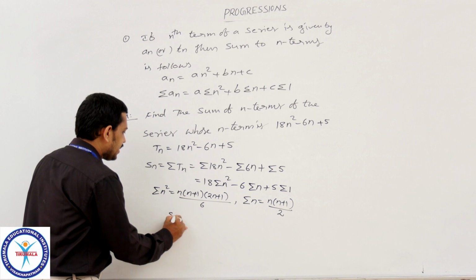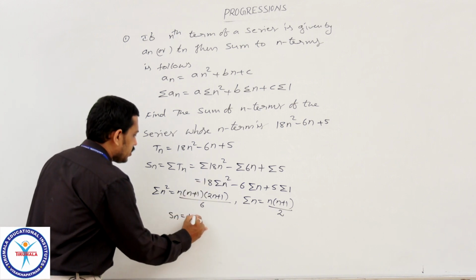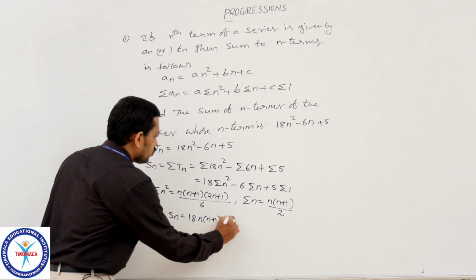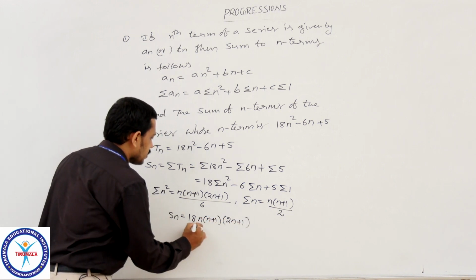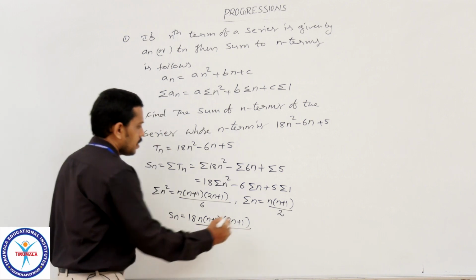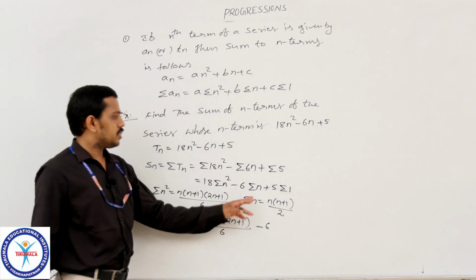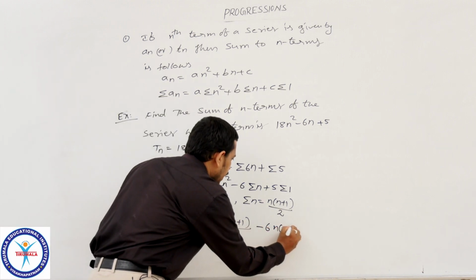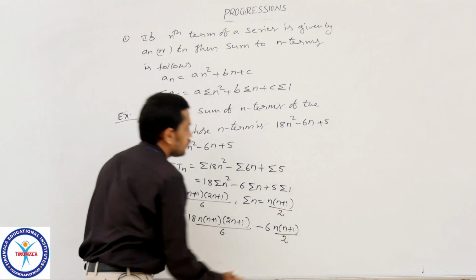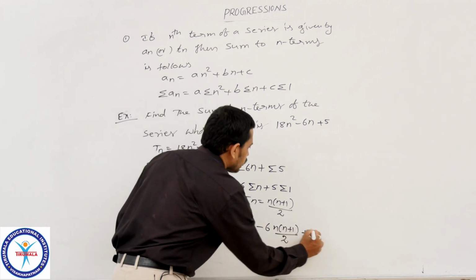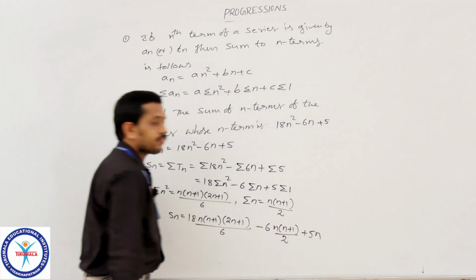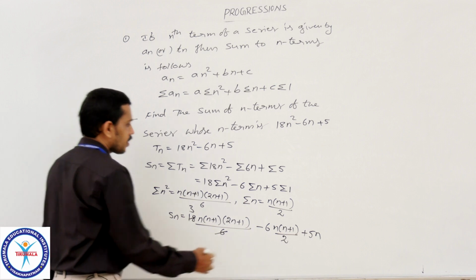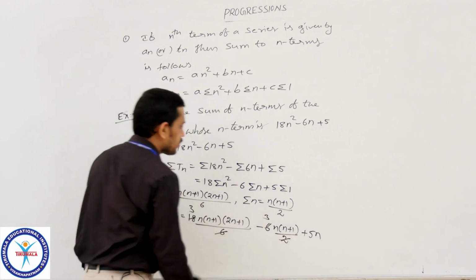Then Sn is equal to 18 into n into n plus 1 into 2n plus 1 by 6, minus 6 into n into n plus 1 by 2, plus 5 into sigma 1, which is n. Then by cancellation, 6 cancels 3 times, and 2 cancels 3 times.